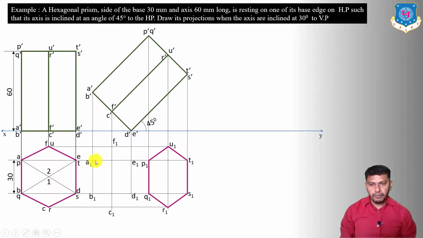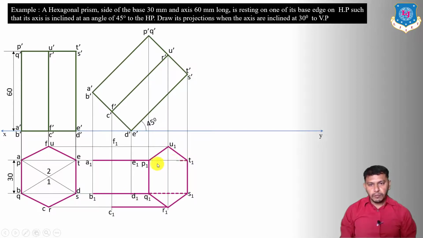So connect A1, P1, it is going to be visible. B1, Q1 is going to be visible also. C1, R1 is going to be visible. Now S1, D1 is going to be hidden. It is hidden, but over here it is not visible up to D1 to Q1 because it is overlapped by the side edge BQ.